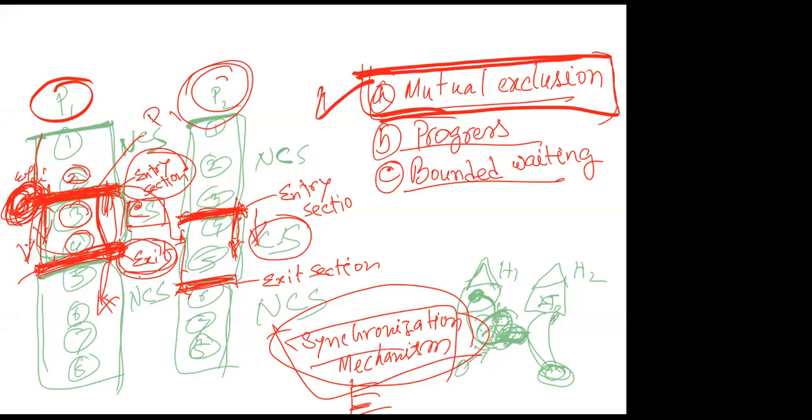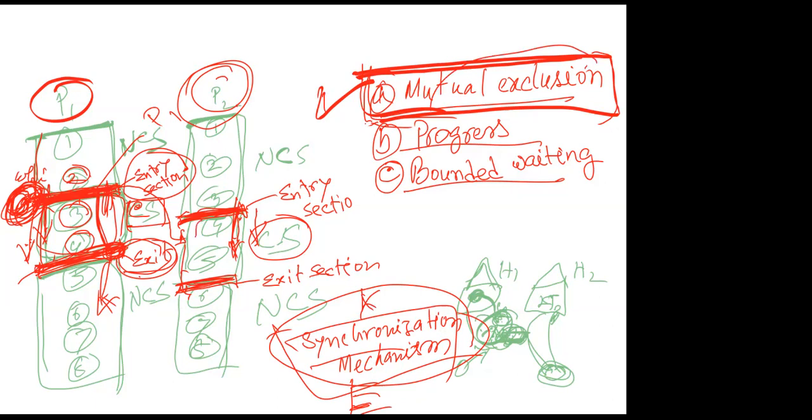I give you this criterion because you will see that some synchronization mechanisms don't follow mutual exclusion, so at a time two processes can be inside the critical section.